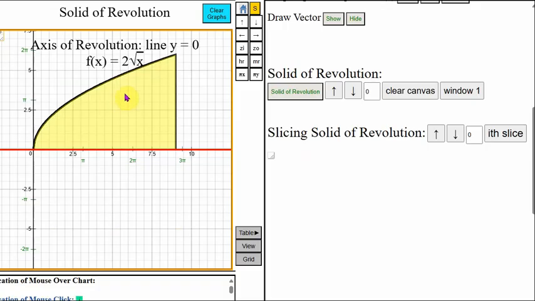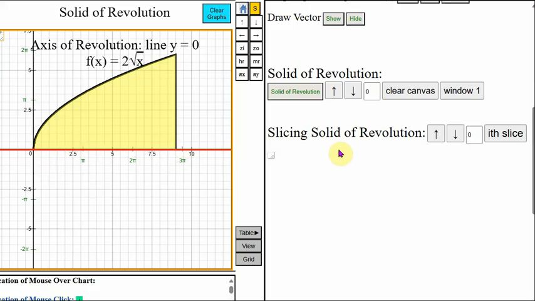And here once again, this is the region that we want to revolve. This region is bounded above by the graph f of x equals 2 times the square root of x, and it's bounded below by the x-axis from 0 to 9.